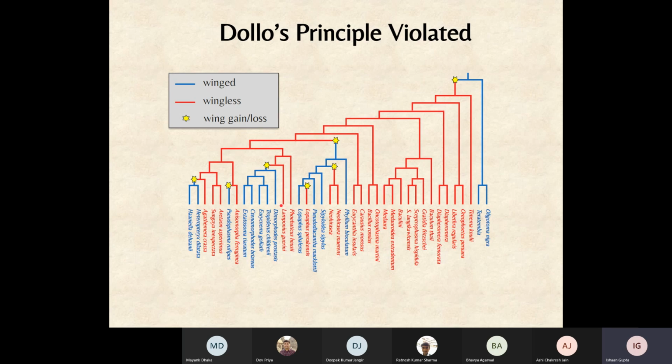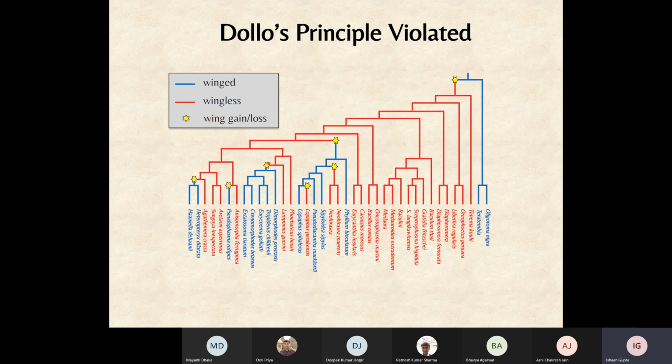But what people actually saw when they made these phylogenetic trees, even for a very small group of insects, was cases where winged and wingless insects were getting categorized together. So for example, this is the location where the ancestor was wingless, and now you have winged progeny. Here is another example.